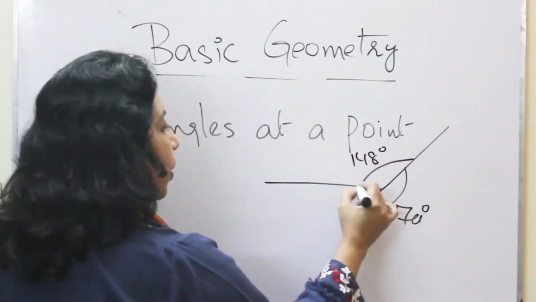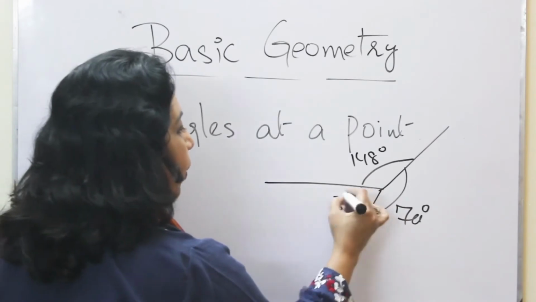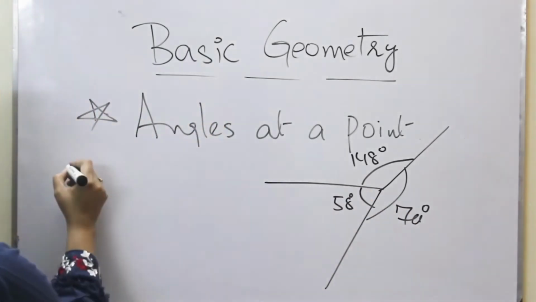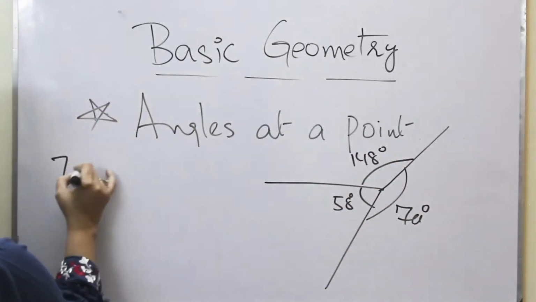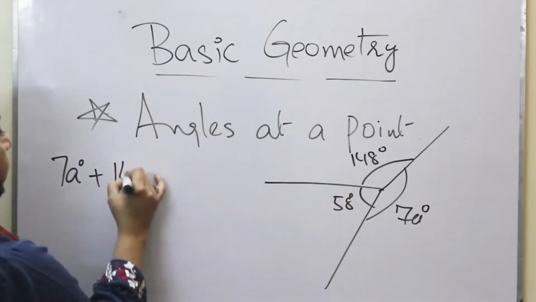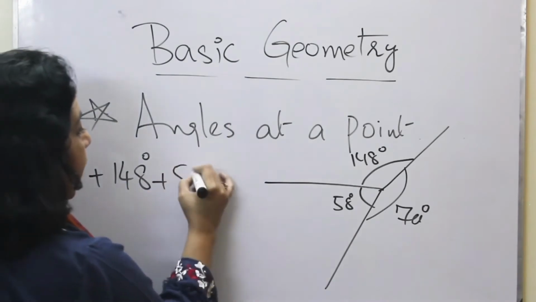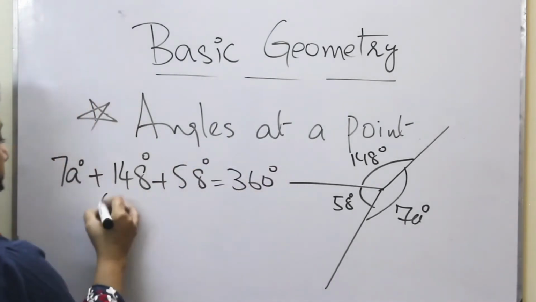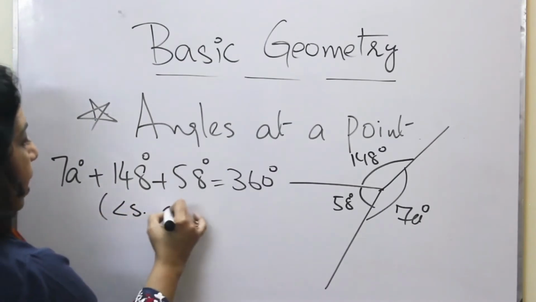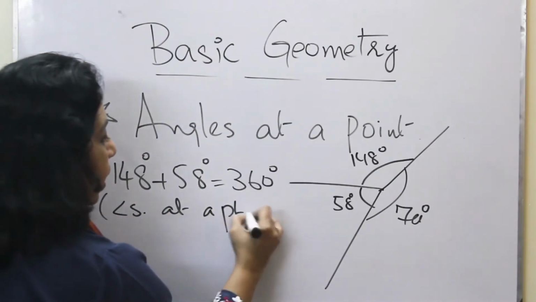The first example for angles at a point, we have 7A, 148 and 58. You can see that they are making the complete rotation. So we shall write 7A degree plus 148 plus 58 equals 360. And we shall give our reason that these are angles at a point.